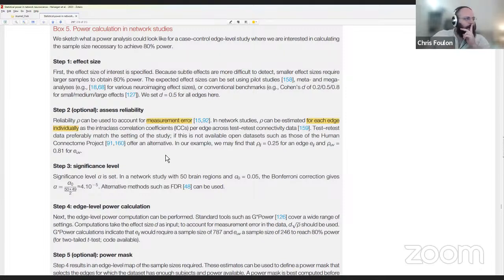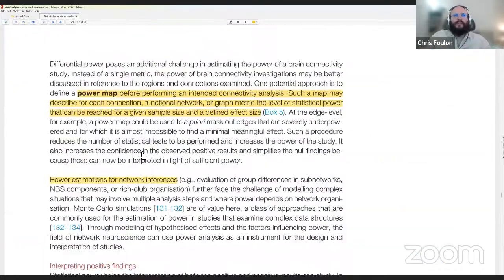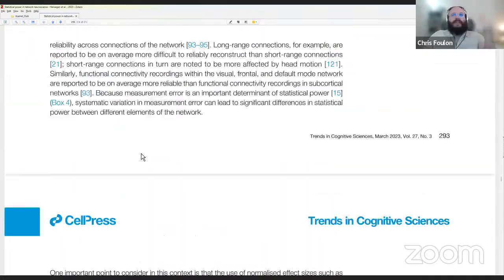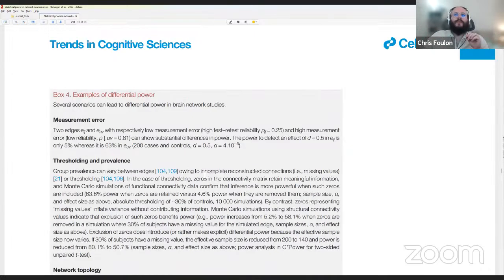One thing that they also explain is the idea of differential power. Basically, they explain that these additional factors might be different across the brain. So you might have different measurement errors in different parts of the brain.